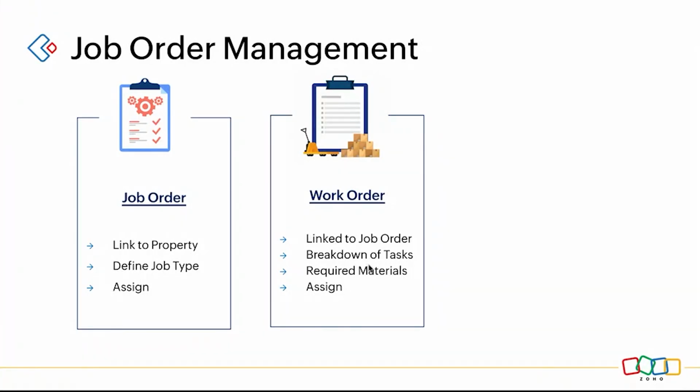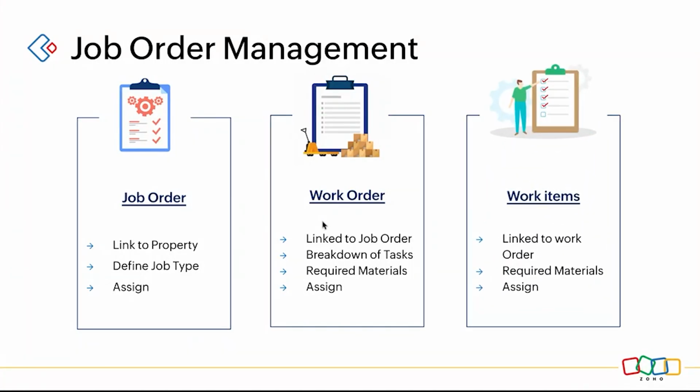And in this work order, let's say when I'm clearing the land, I need some materials to be procured. So those material details will be available, and I'll assign the resources in order to perform that particular action. So these are the things that will be available in the work order. And within the wall construction work order, there will be minute work items like constructing the wall, painting.